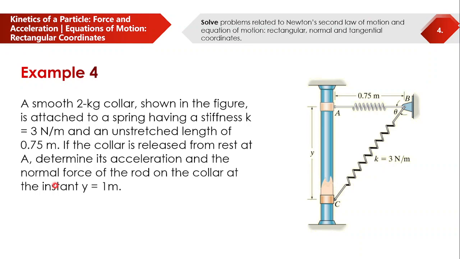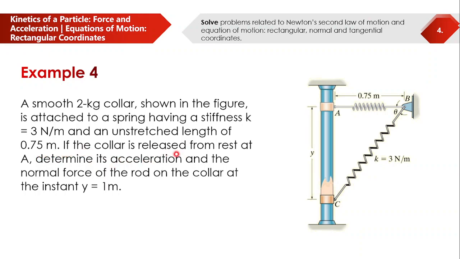A smooth 2 kilogram collar shown in the figure is attached to a spring having a stiffness k equal to 3 Newton per meter, and the stretched length of the spring is 0.75 meters.